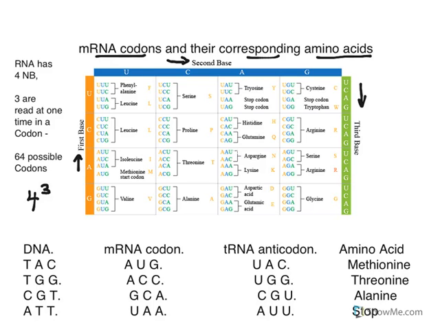Now, RNA has 4 nitrogen bases: adenine, uracil, cytosine, and thymine. 3 are read at one time in a codon.